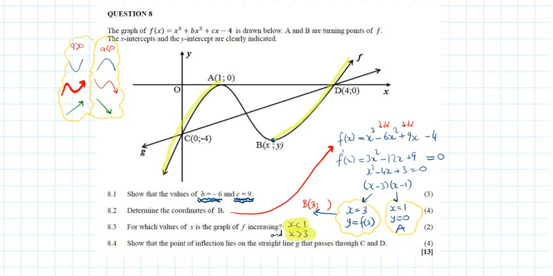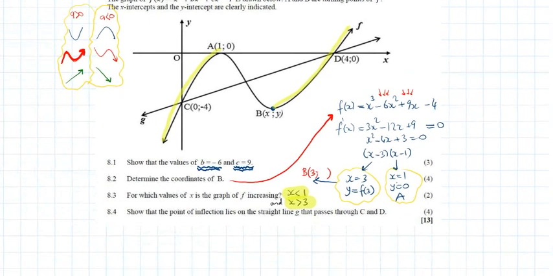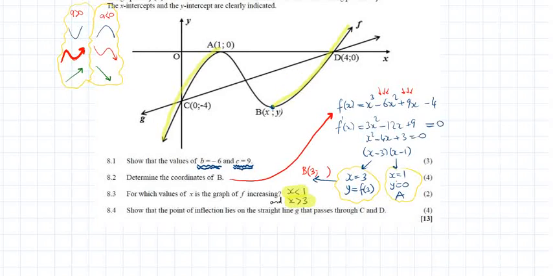Show that the point of inflection lies on the straight line G that passes through C and D. So inflection point is which point, and how can we show it lies on that straight line G? So do we know the equation of G?